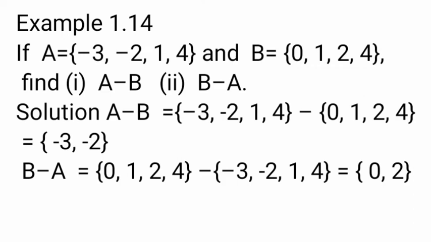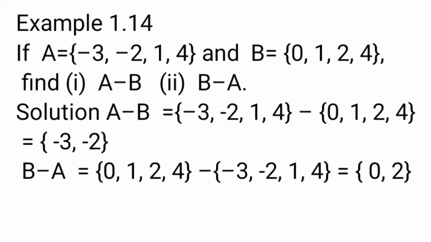What are the common elements of both A and B? Right, 1, 4. Now cancel 1, 4. The remaining, write the first set's elements. What are the first set's elements? -3, -2, that is A minus B.